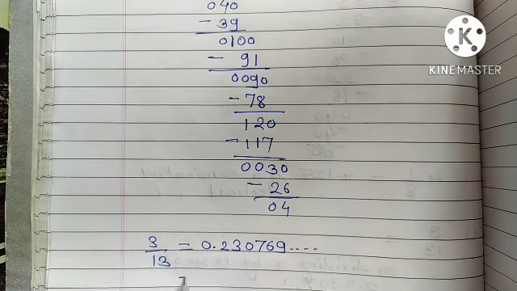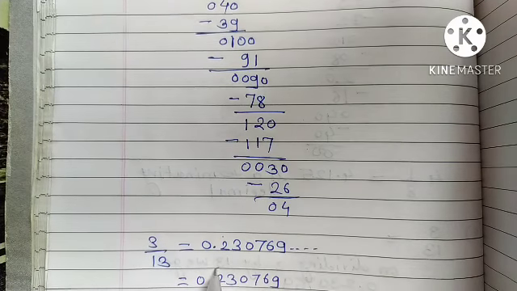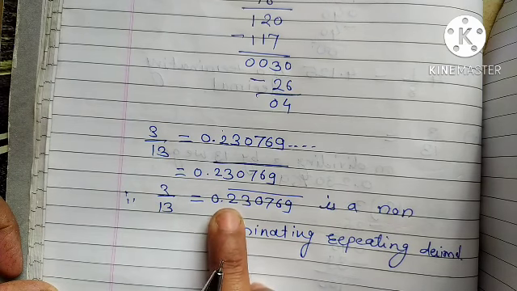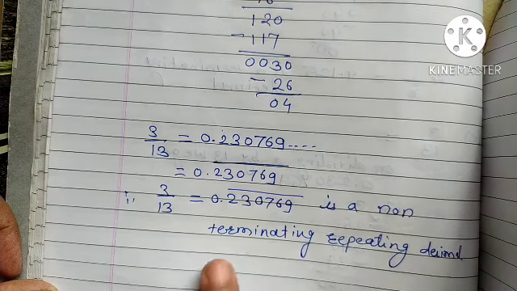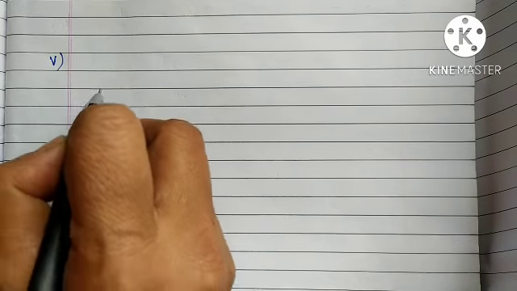We can write this as 0.230769 repeating. So 3 by 13 is equal to 0.230769 repeating, a non-terminating repeating decimal.